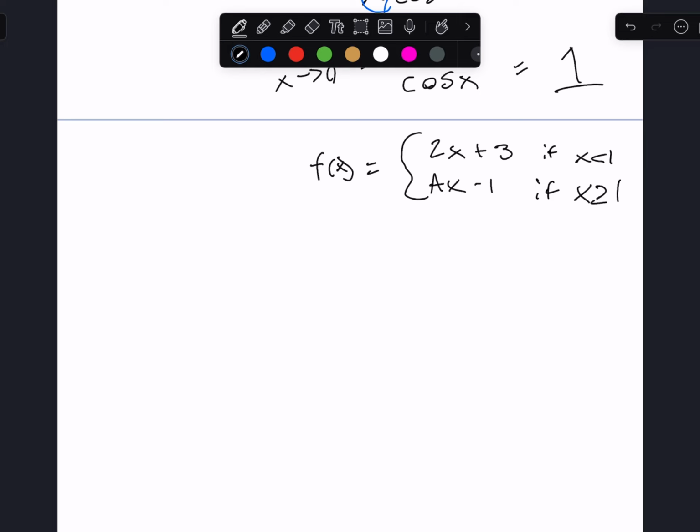So we'll start off with 2x plus 3. This is basically asking us what is the limit when x is approaching 1 of 2x plus 3. For this, we'll simply input 1 as our x, and we will get 5.